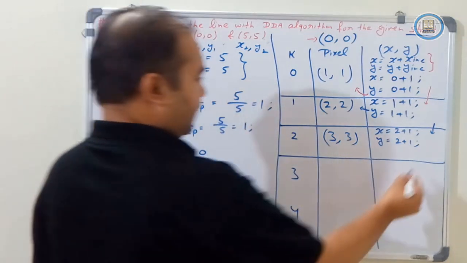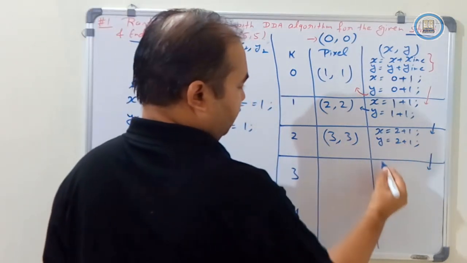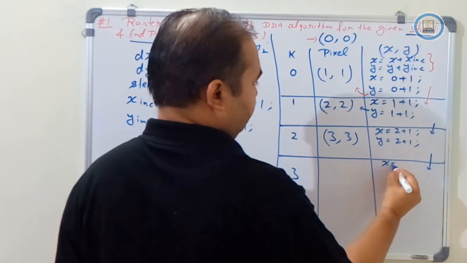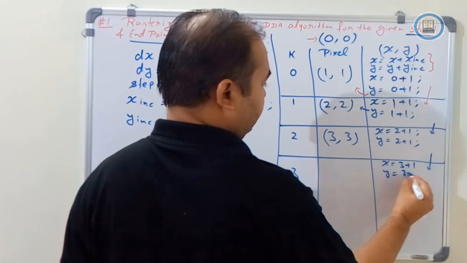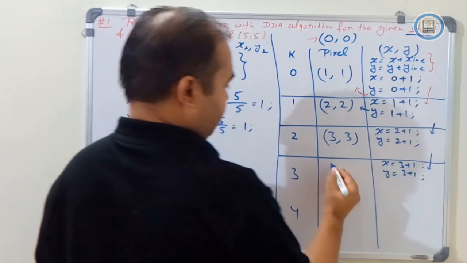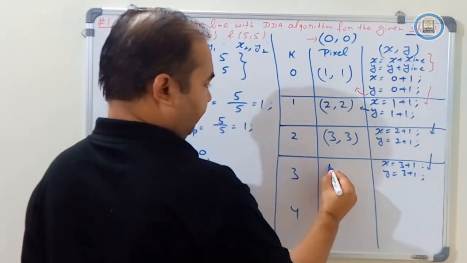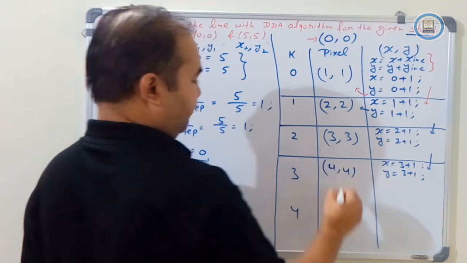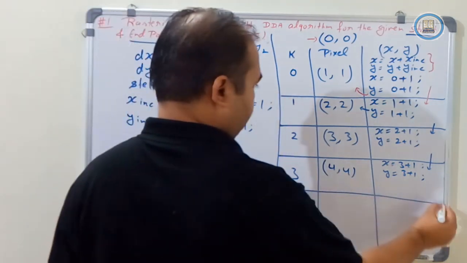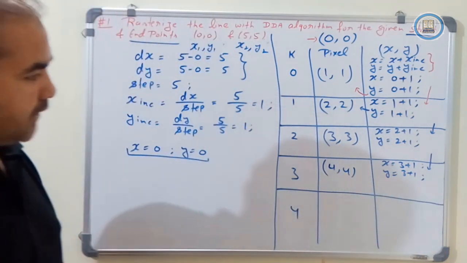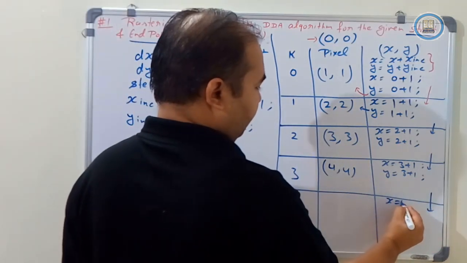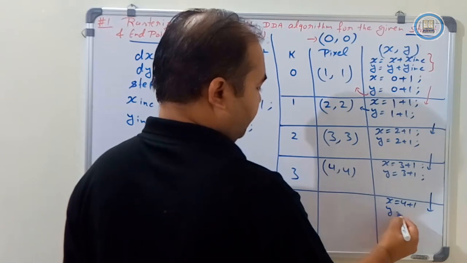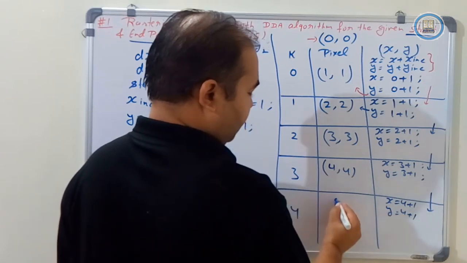Next, for the third iteration, this is x equal to 3 plus 1 and y equal to 3 plus 1. So you will get x equal to 4 comma 4. In the next iteration or in the next step, this is again 4 plus 1 and y equal to 4 plus 1. This is 5 comma 5.